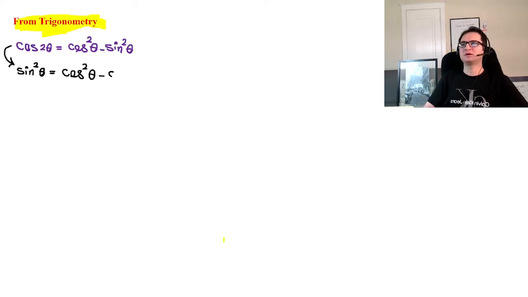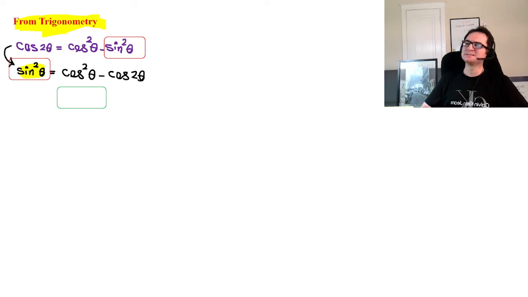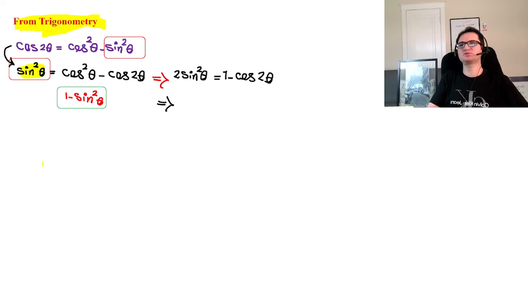From trigonometry, we have the relation that cosine of 2 theta is cosine squared minus sine squared. If you rearrange that equation, sine squared is cosine squared of theta minus cosine of 2 theta. And we do know sine squared plus cosine squared is 1.